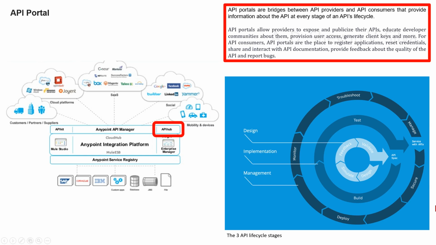The outcome of this approach is a well-designed, managed, and secured API to serve developers building new experiences. Below are the 3 distinct stages of this product-centric life cycle: design, implementation, and management.